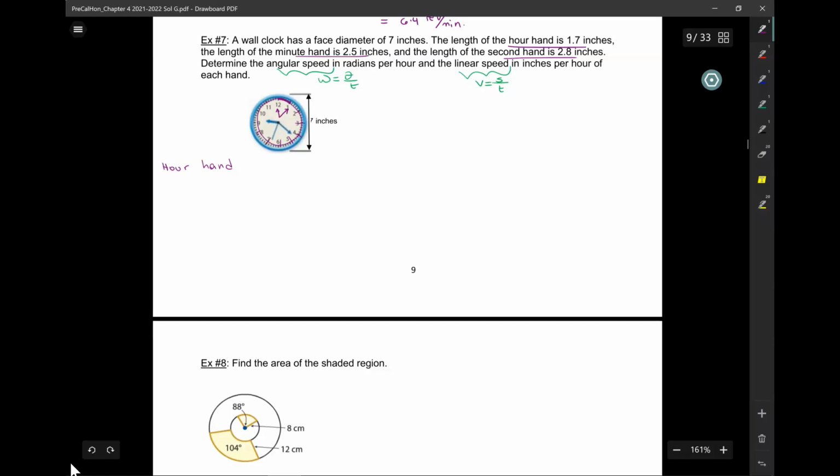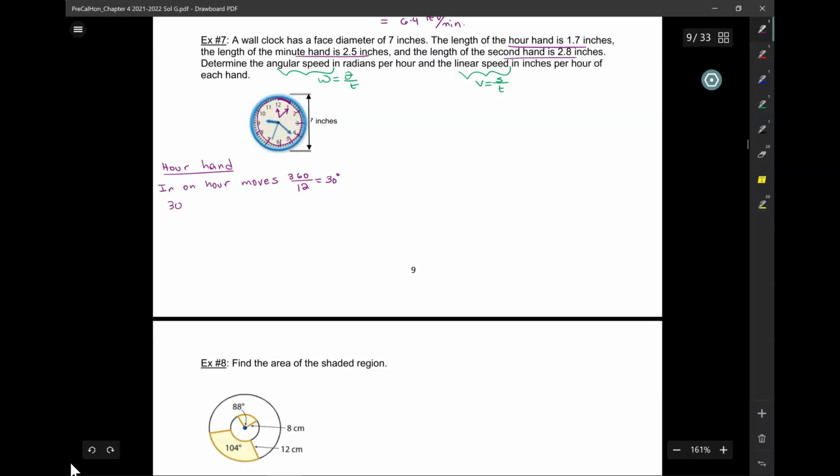So in 1 hour, the hour hand moves 360 over 12, which is 60 degrees. Okay, that's the angle that it makes. I'm sorry, that's 30 degrees.